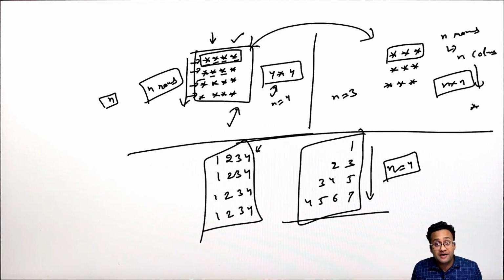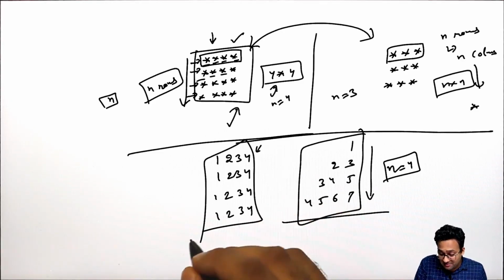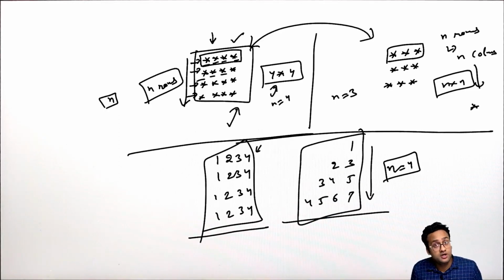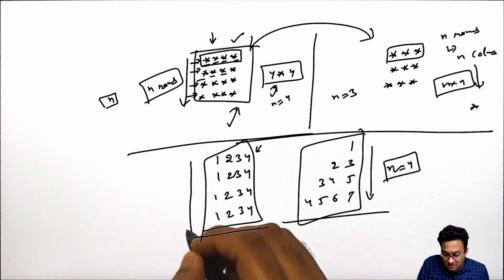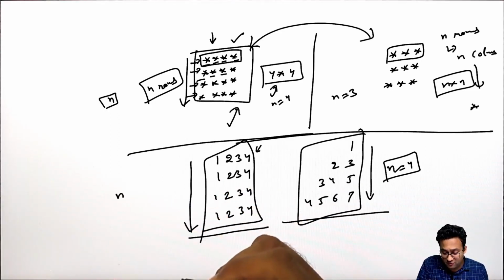But not all patterns will be that simple, right? So for example, this pattern. Now, again, this is a pattern where if you have 4, you have 4 rows.